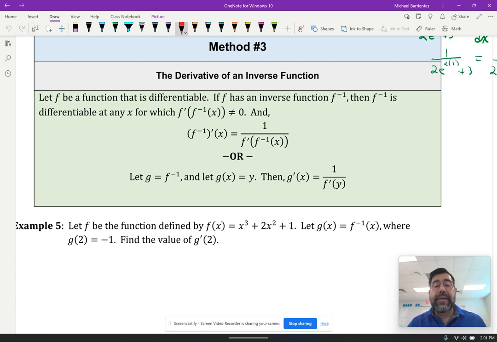And therefore the inverse function is also differentiable. And as long as the derivative of my function evaluated at the input is not equal to 0, then we're okay.